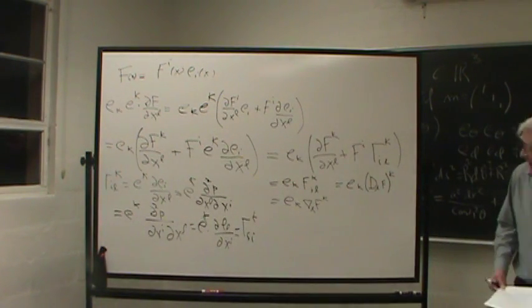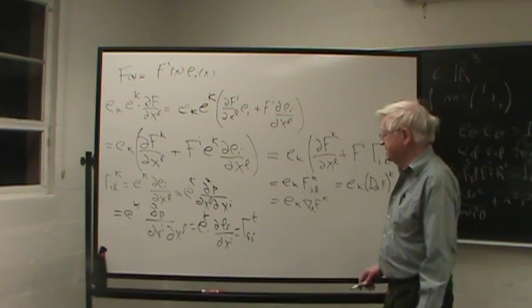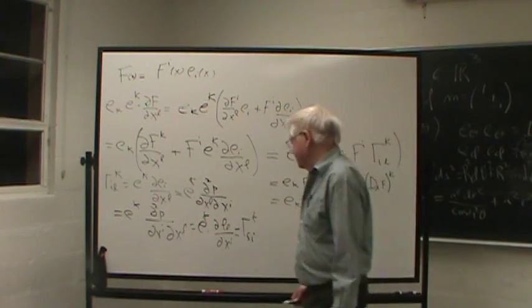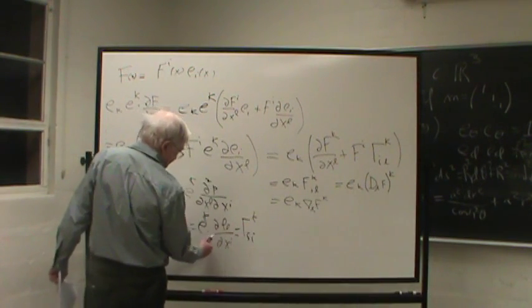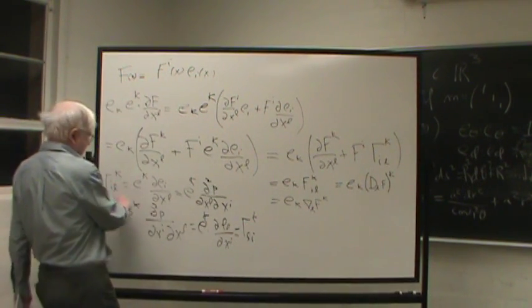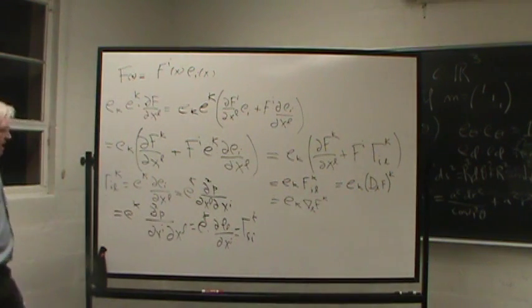I'm sorry. About the affine connections, they're not tensors. That is to say that this thing here, gamma k li, or gamma k il, is not a tensor.